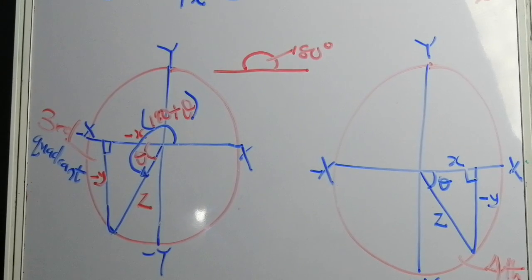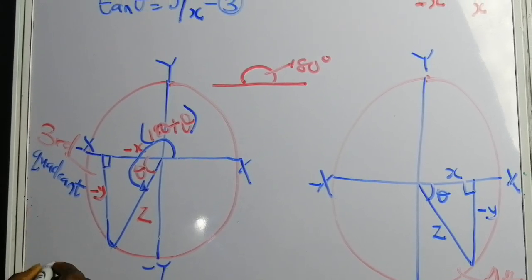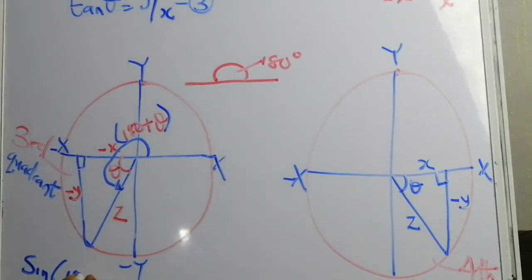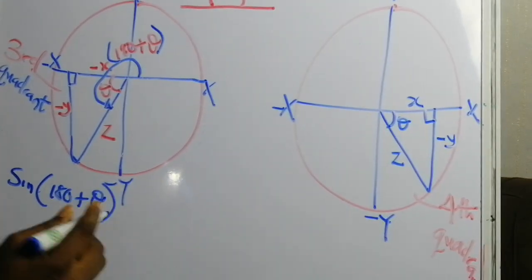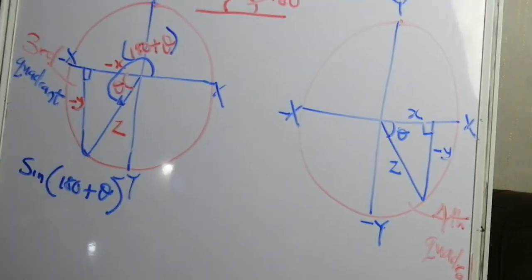So from here we can get sine theta for the third quadrant. I can get sine of 180 plus theta. So 180 plus theta shows that it is in the third quadrant.